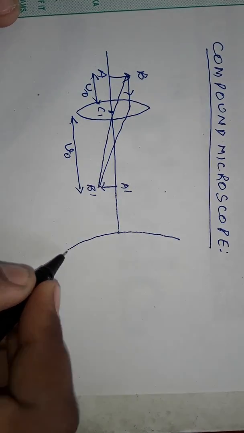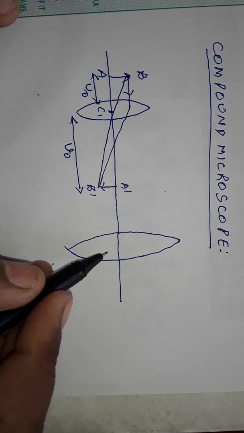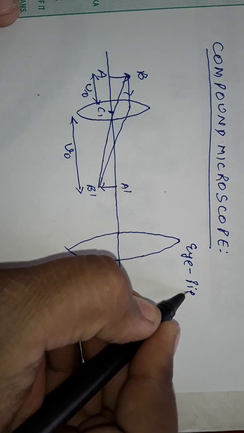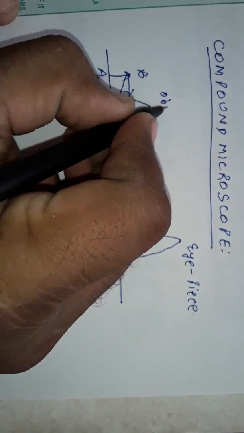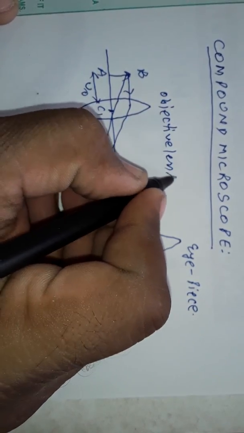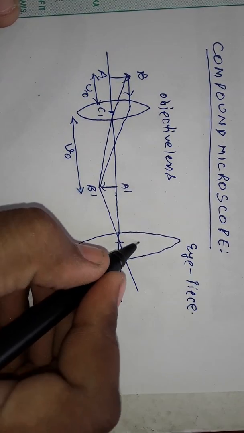Second lens is known as eyepiece lens. The focal length and aperture of the eyepiece is more than the focal length of objective lens. This is incident ray of light, optical center C2.